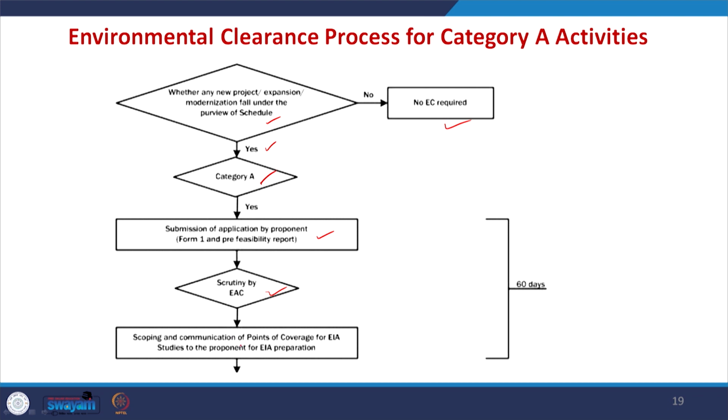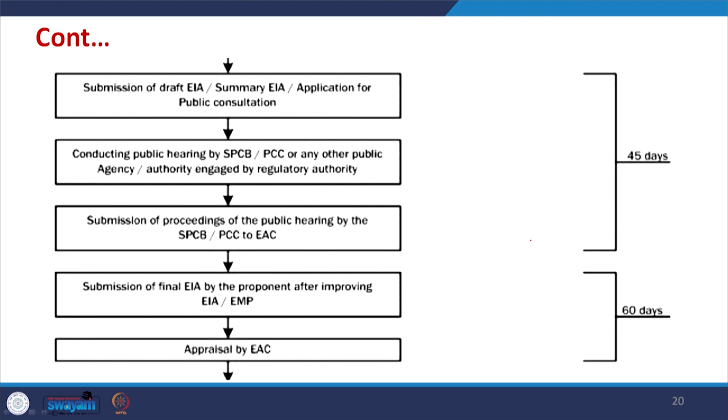Then scoping and communication of points of coverage of EIA studies to the proponent for EIA preparation. This is done and this process will take approximately 45-60 days. Then submission of draft EIA, summary EIA for public consultation.